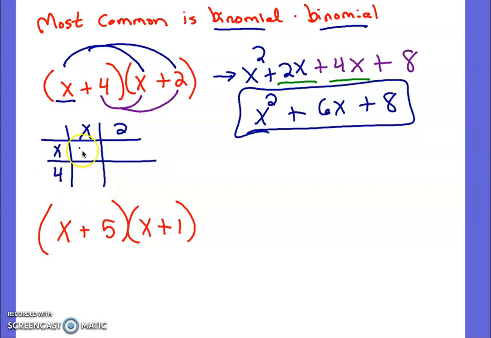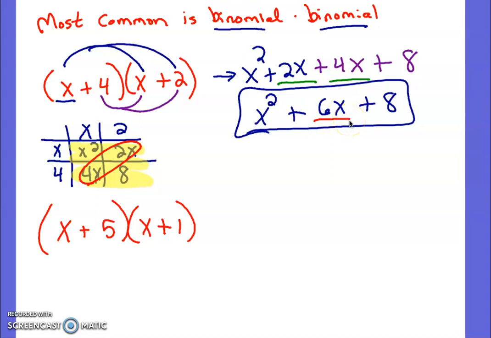All right, so x times x would be x squared. You just basically multiply the columns and the rows. And then x times 2 is 2x, and then 4 times x is 4x, and then 4 times 2 is 8. So if you want to set it up as a chart, you could. And notice all of these is what you would add together. And then notice you combine those together. So you're still going to get the same answer.